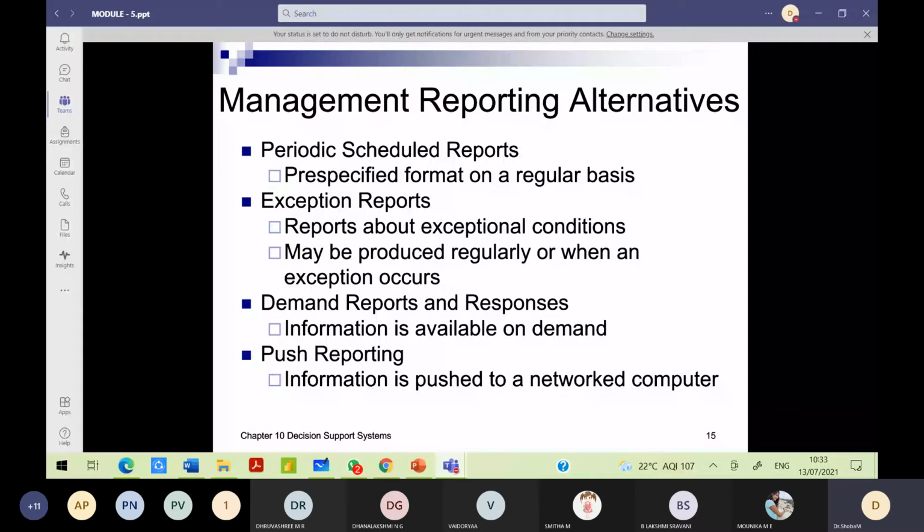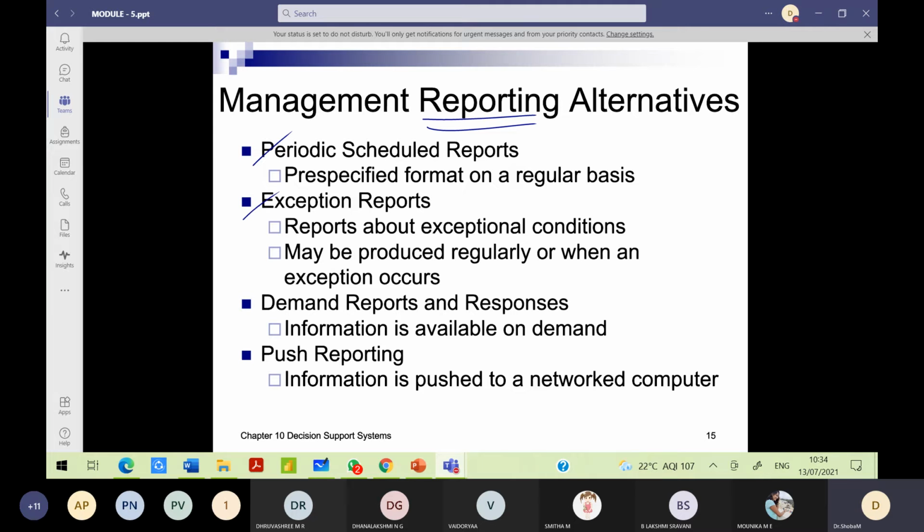Moving further, management reporting alternatives. So this is how you can choose to report. It could be a report of any one activity or any one complete process. Okay, so you can see here it can be periodic scheduled reports, or it can be exception reports.